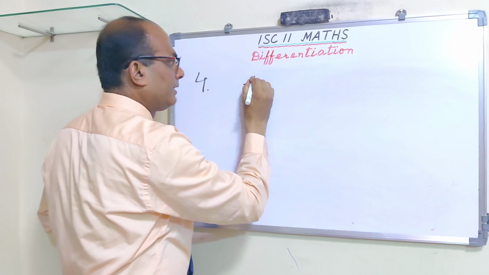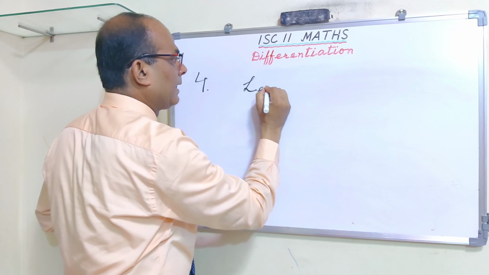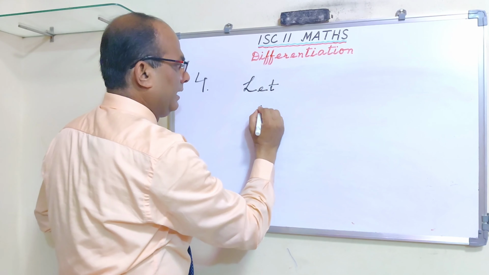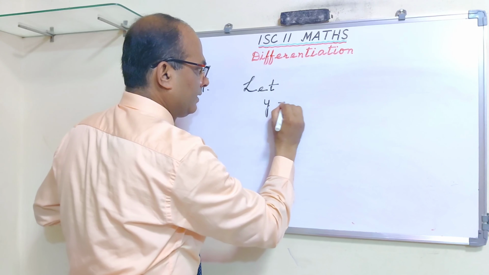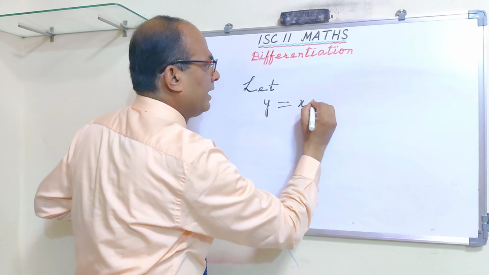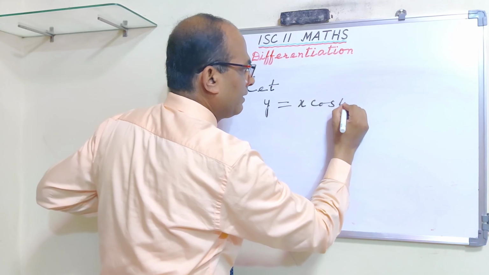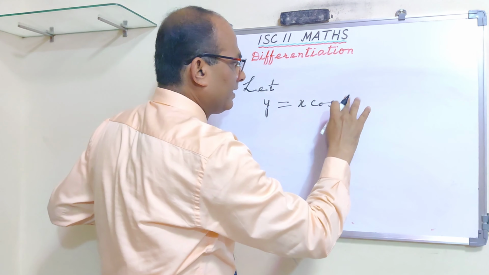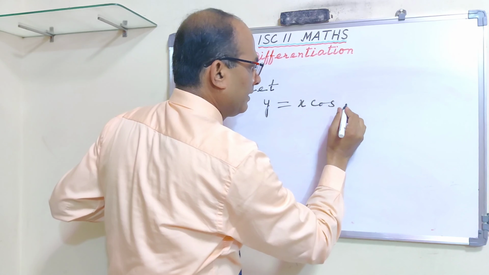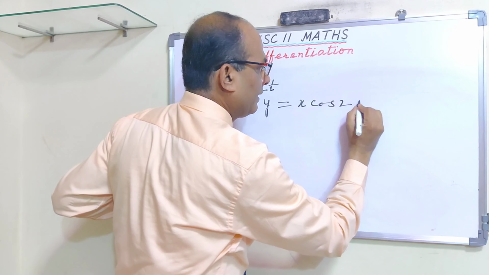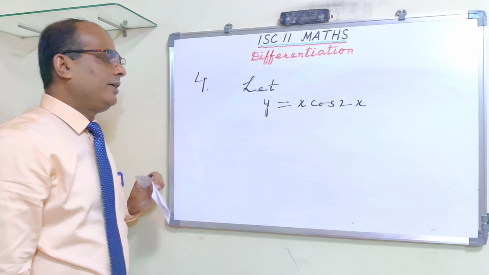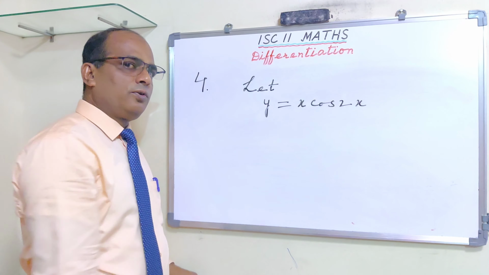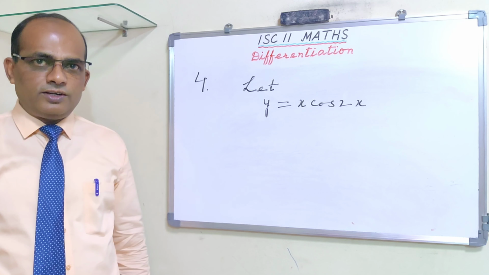So let y is equal to x cos 2x. Differentiate x cos 2x with respect to x.